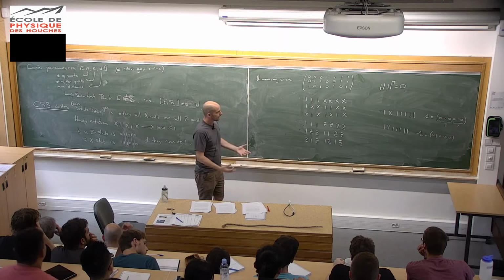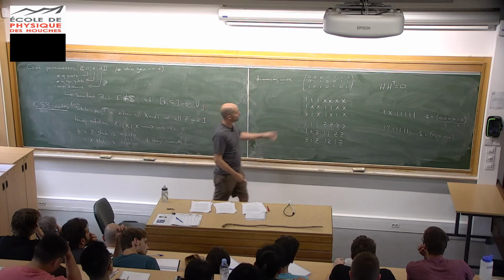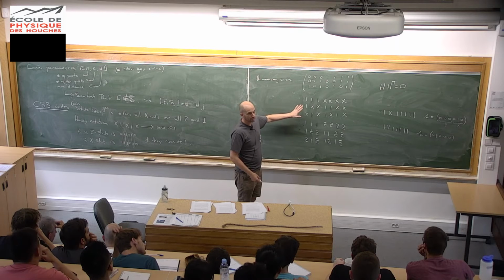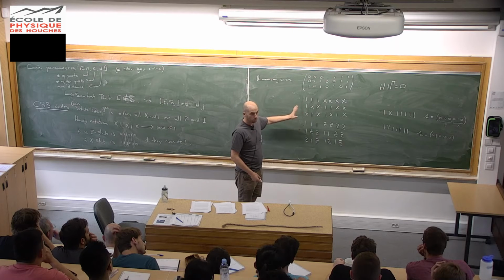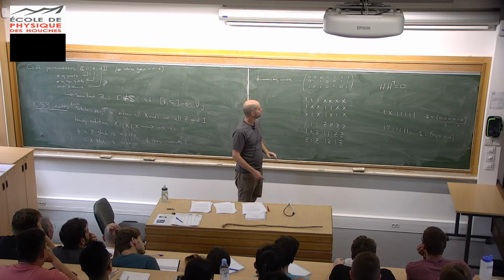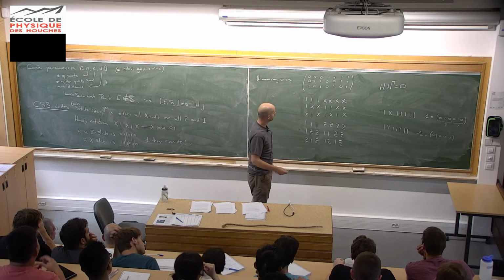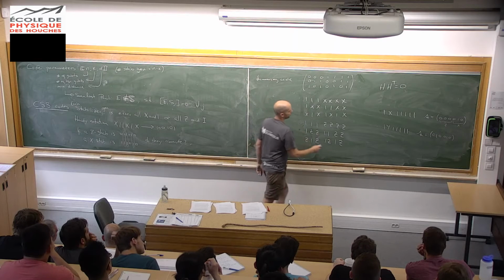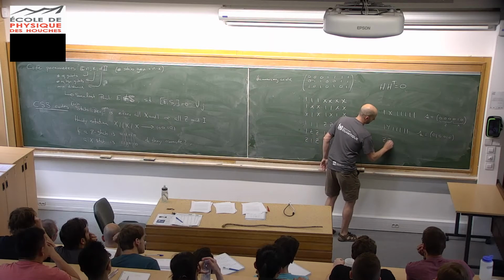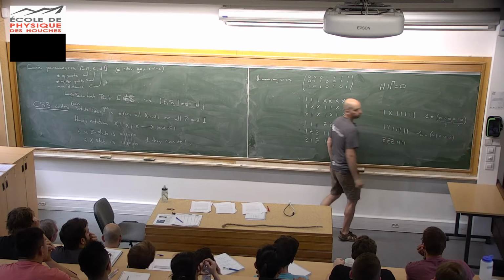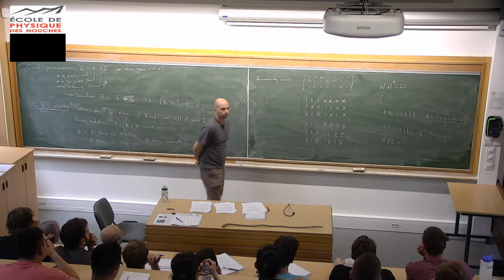Why is it actually distance 3? You have to find something of weight 3 that is not generated by the stabilizers and is not detected. Here's something. This won't be detected.